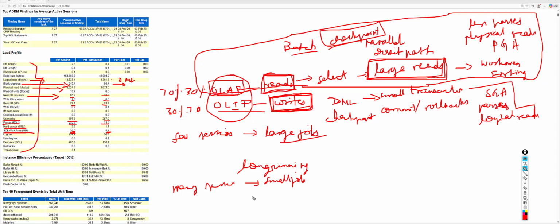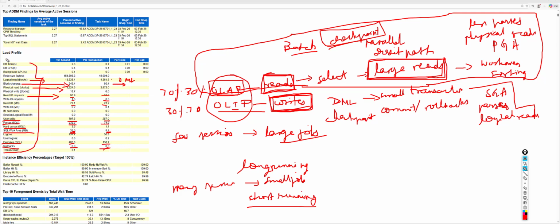The queries will be short running, which means they will execute within seconds or in less time. They will not execute for hours. And if you see the number of rollbacks, here there are no rollbacks, but generally in production systems, if it is an OLTP, there will be a lot of rollbacks happening, and executes are also high. This means a lot of DML transactions executed.